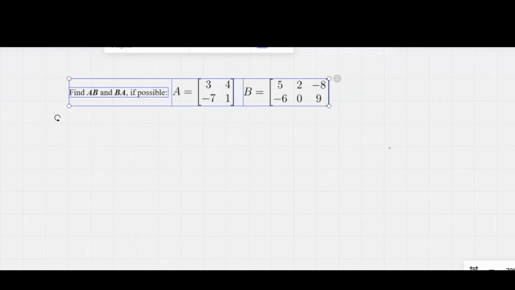Alright, so we're asked to find A times B and B times A if either of them are possible. Well, looking at the dimensions of our two matrices that we have here, A and B, let me bring out the marker real quick. So we have 2 rows and 2 columns in this matrix over here. 2 rows and 2 columns, pretty self-explanatory.